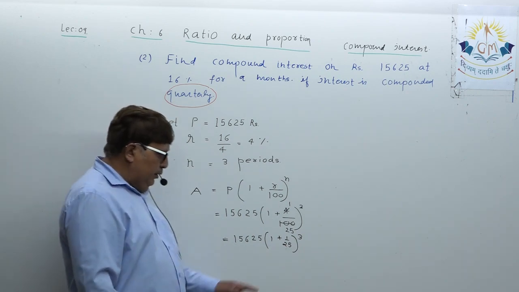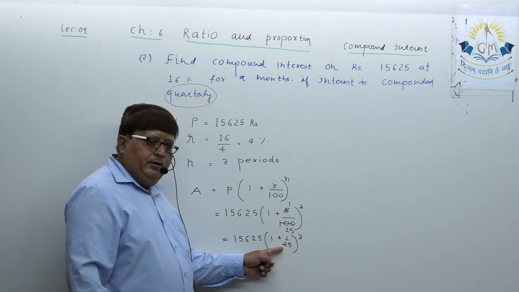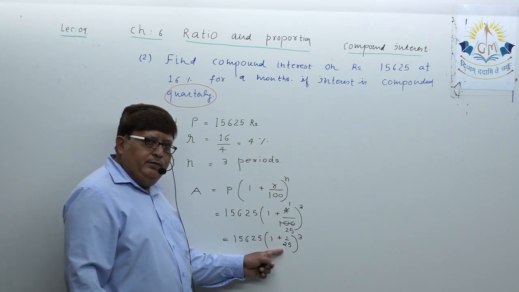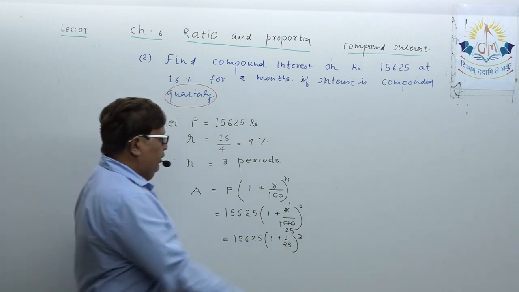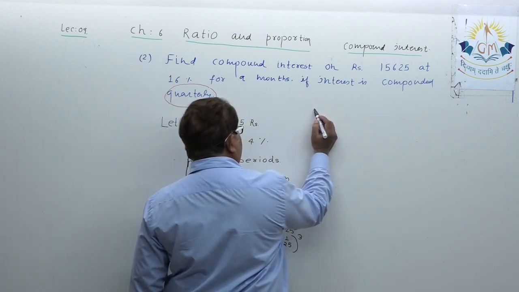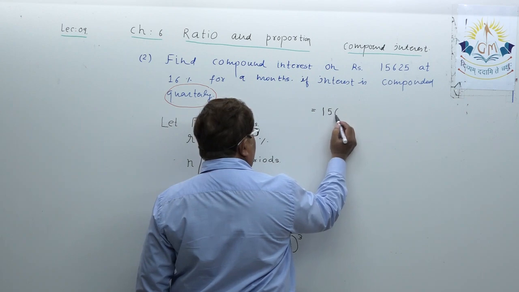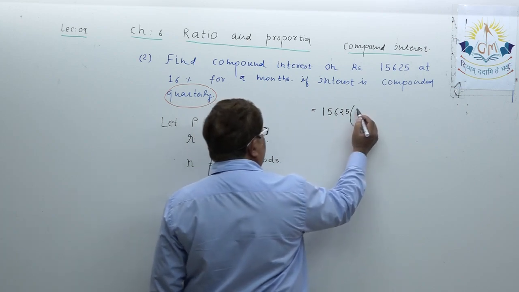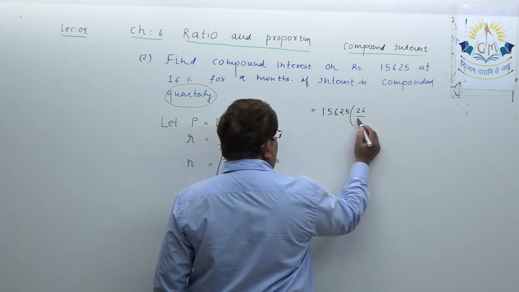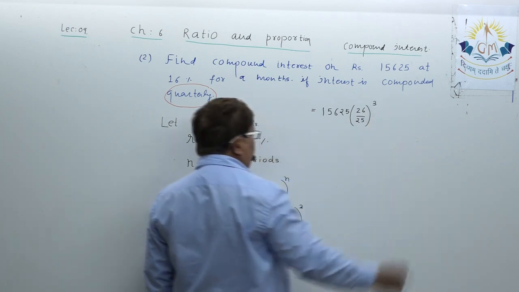Now again, dear student, taking LCM, 25 is the LCM. 25 plus 1, 26 upon 25. Let us carry it further here. 15625 into 26 upon 25 raised to the power of 3.